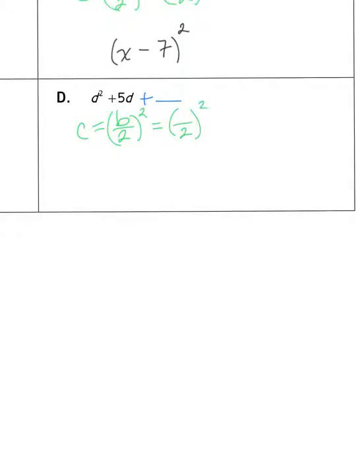Don't turn it into a decimal. Just square it. So the 5 squared is 25, and the 2 squared is 4. It does not reduce. Don't turn it into a decimal. Don't turn it into a mixed number. Leave it improper, fully reduced, and that's it. So then if you were going to factor this, it would be d plus the square root of 25 fourths, which is 5 over 2, squared.